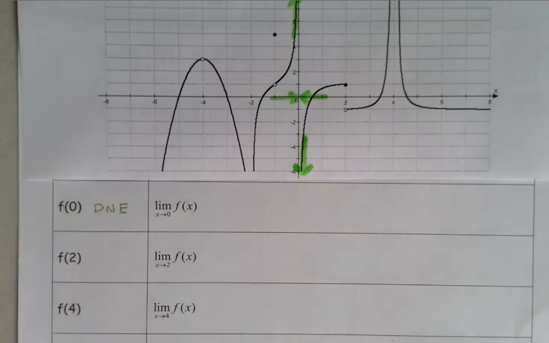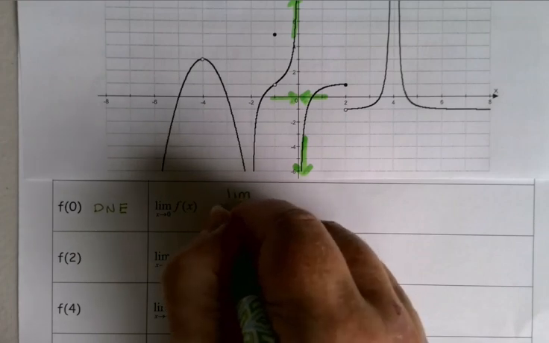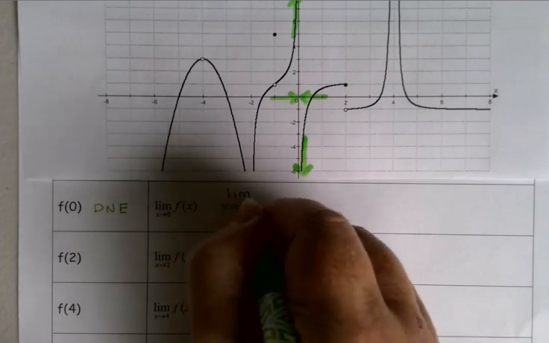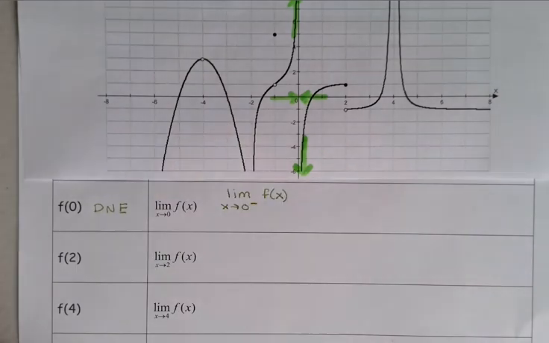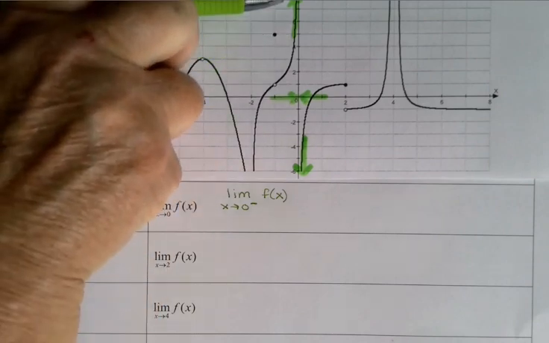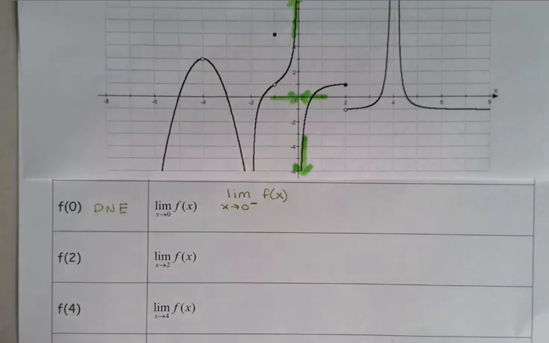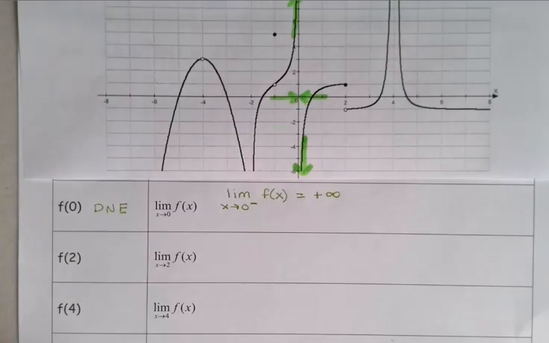In order to state that, we need the concept of one-sided limits. The limit as x approaches 0 from the left for the function f of x, so coming from the left side, this function was getting very large in the positive direction. So that limit would be positive infinity.